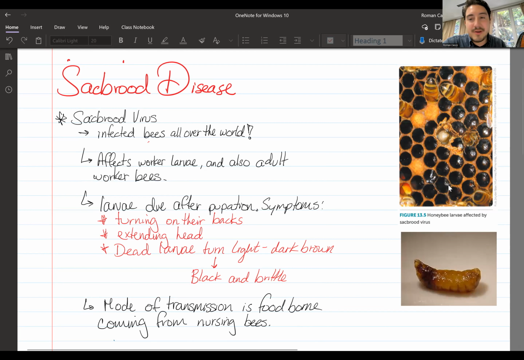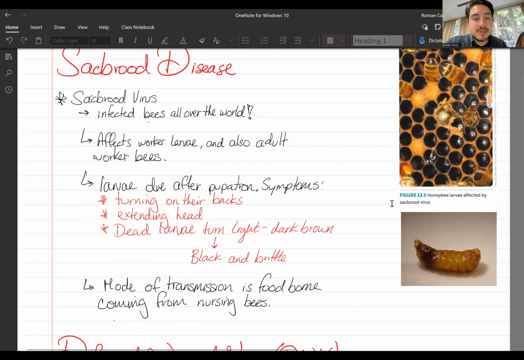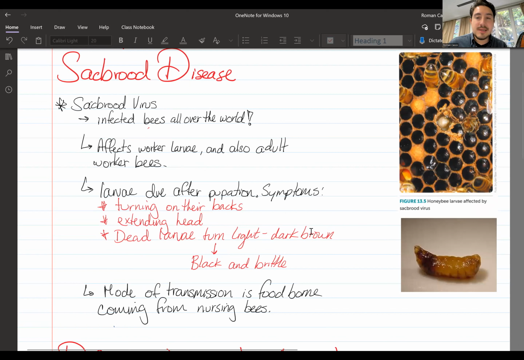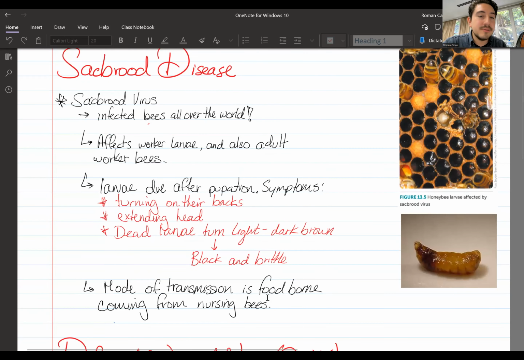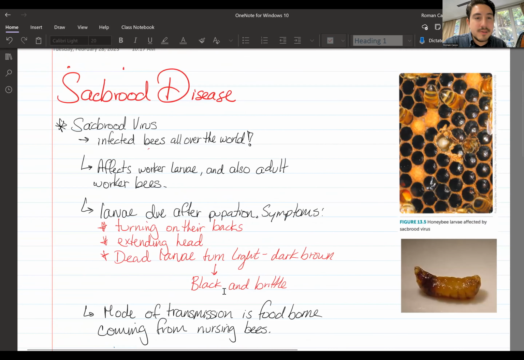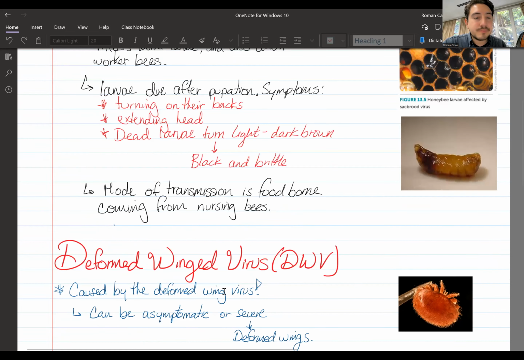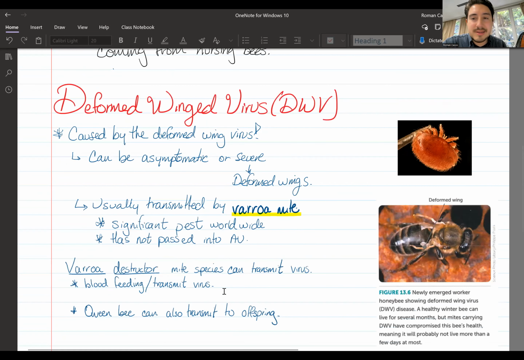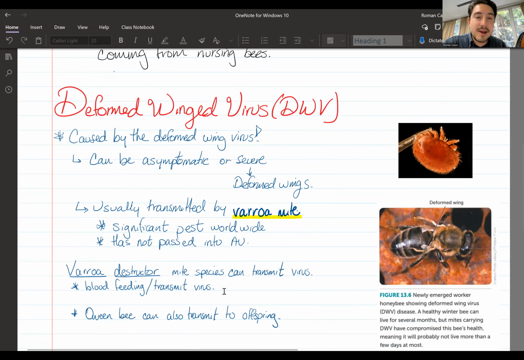So as they're kind of hopping down from one to another, they're infecting the whole group of bees, right? So the mode of transmission is basically coming from nurse bees that are spreading the virus through all the little larvae. Okay, so this is sac brood disease. The next one is called deformed wing virus.